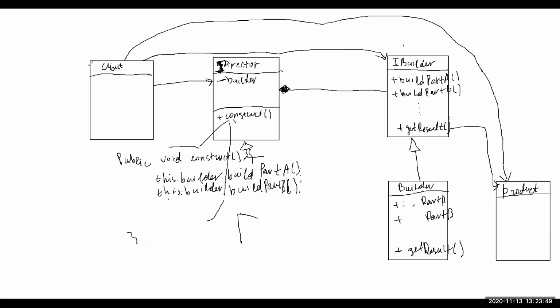And if you pass to the client, as an argument, the sugar director, then it will go and create a sugar tea. If you pass a milk director, it will give you a milk tea, right? Is it clear? Yes.